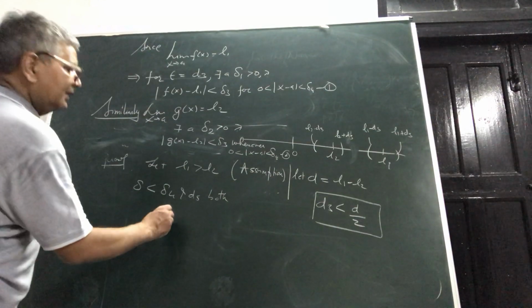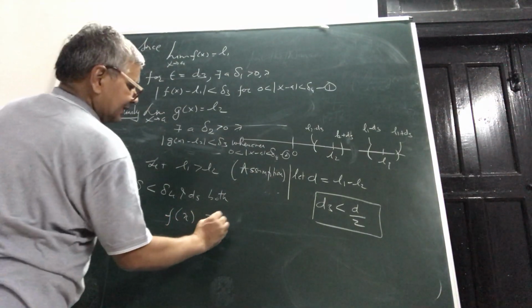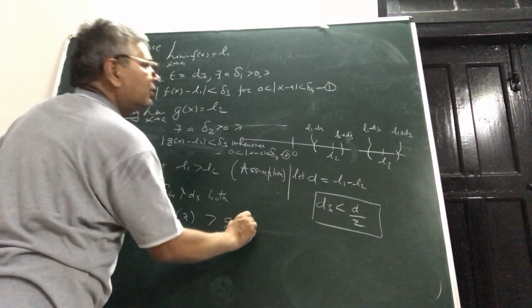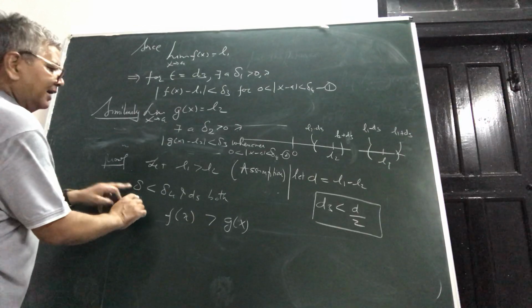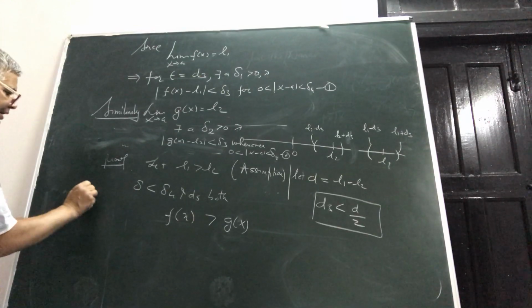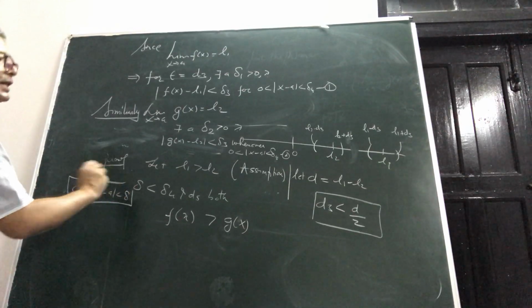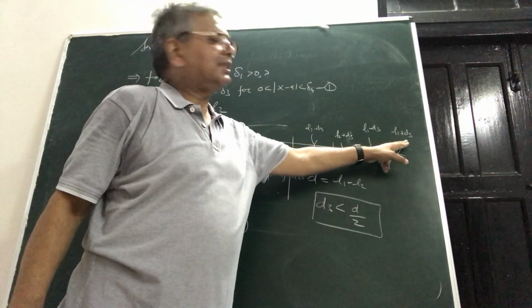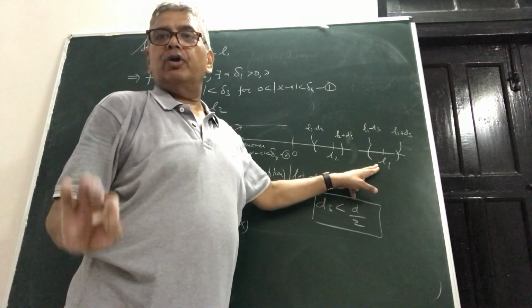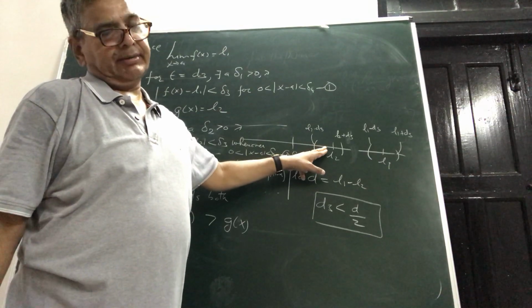Obviously implying that f(x) is greater than g(x), because in this delta interval, where |x - a| is less than delta, f(x) will lie in the delta 3 neighborhood of L1, and g(x) will lie in the delta 3 neighborhood of L2.